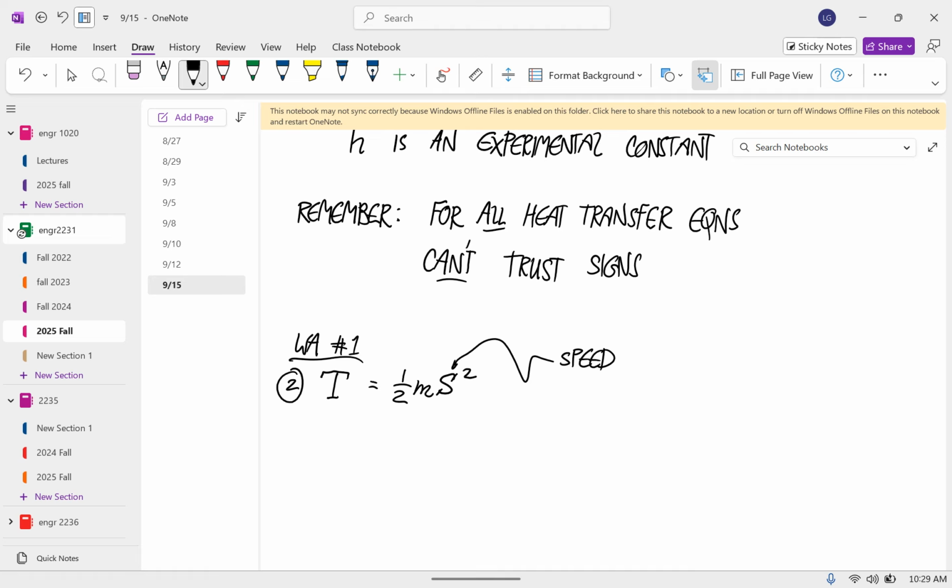And then the potential energy, gravitational potential energy. That's why I didn't want to use V there. I usually use a capital V for speed, but the gravitational potential energy is the mass of the object times 9.81 meters per second squared times the object's height.